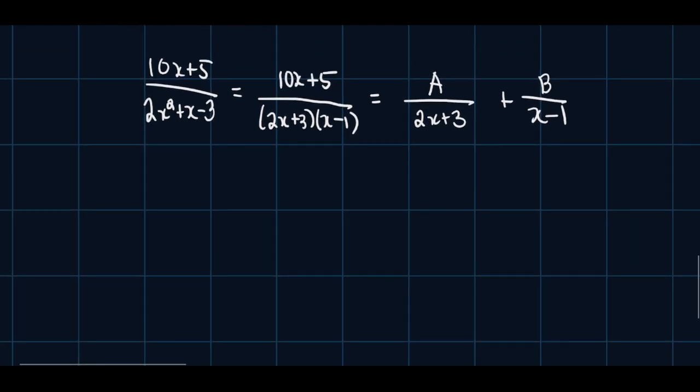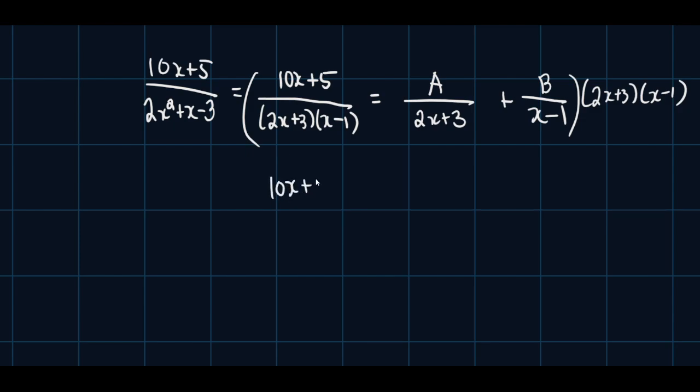Let us consider the common denominator. Multiply this by the common denominator, (2x + 3) times (x − 1). This will give us 10x + 5 on the left-hand side. On the right-hand side, A times (x − 1) plus B times (2x + 3).